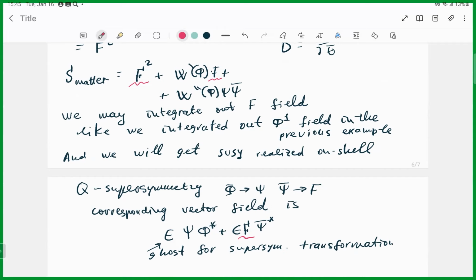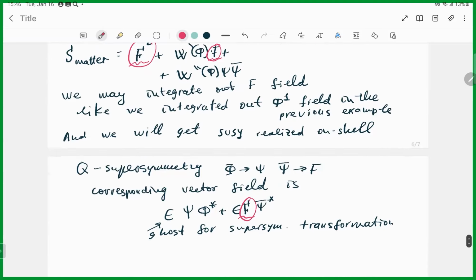When you integrate this field out, you will get W prime of phi plus epsilon psi bar star, squared.